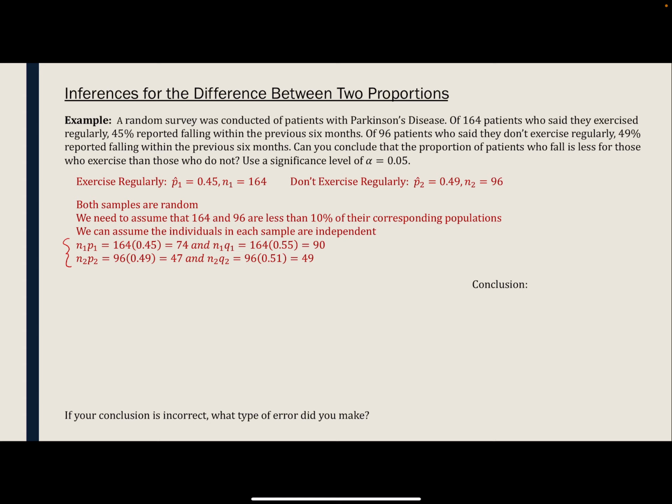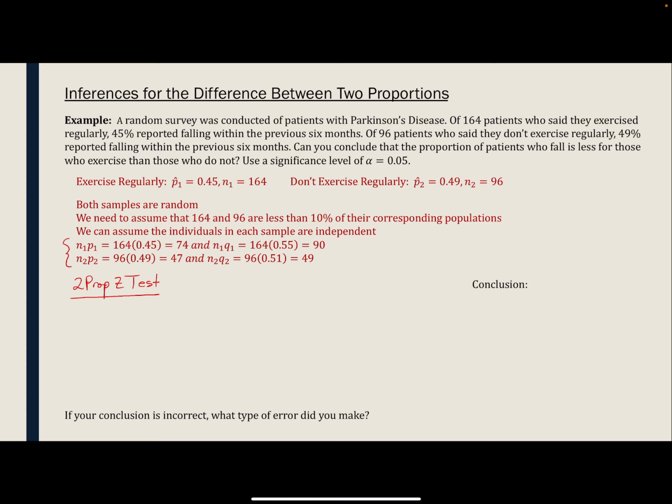It should add up to 164, right? The number of successes and the number of failures. Anyway, I did this for both samples, and we find that everything is greater than or equal to 10. So we're going to run the test, which is a 2-PropZTest. I don't have a calculator here, so I'm just going to write everything out.